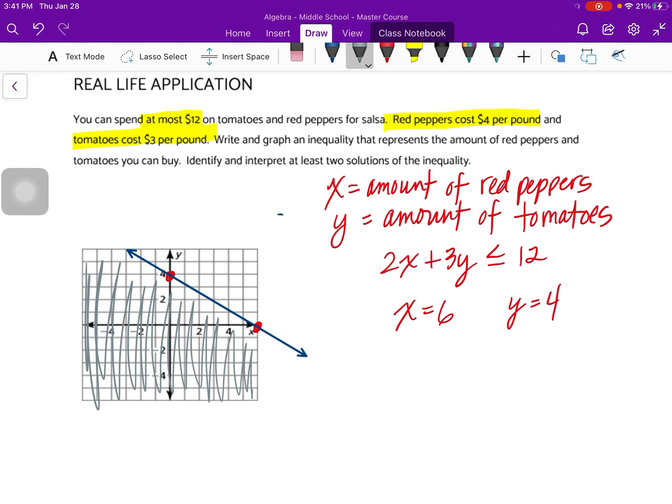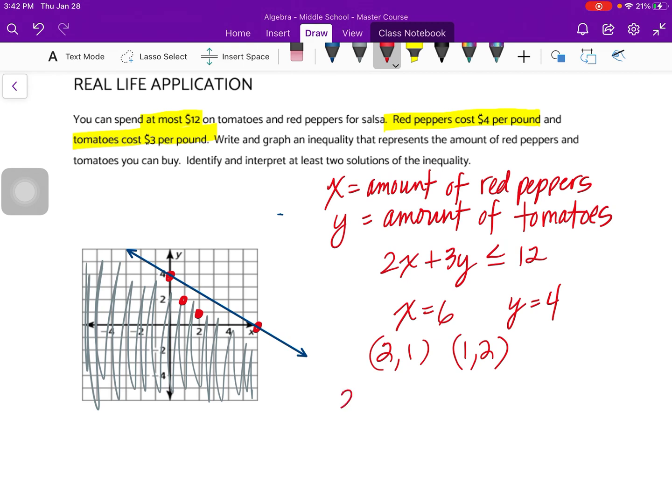Okay, and then it says identify and interpret at least 2 solutions of the inequality. So what I want to do is go through and look in that shaded area. So for example, here's a point and here's a point that fall in that inequality. So 2, 1 is a solution and 1, 2 is a solution.